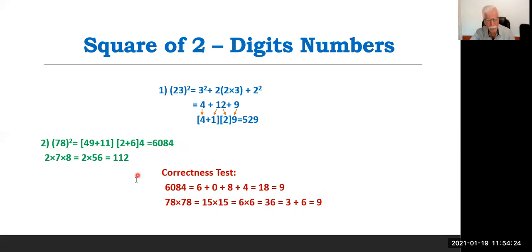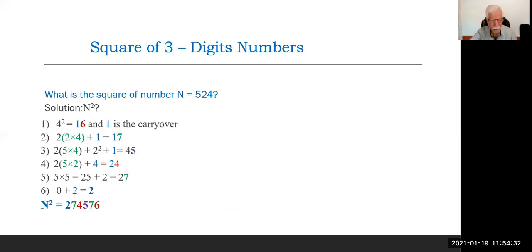Now, let's move to the next step and we will find how to find the square of a 3-digit number. Okay, to explain the procedure to find the square of a number, we assume that number to be n, which is 524. And we want to find the square of n.